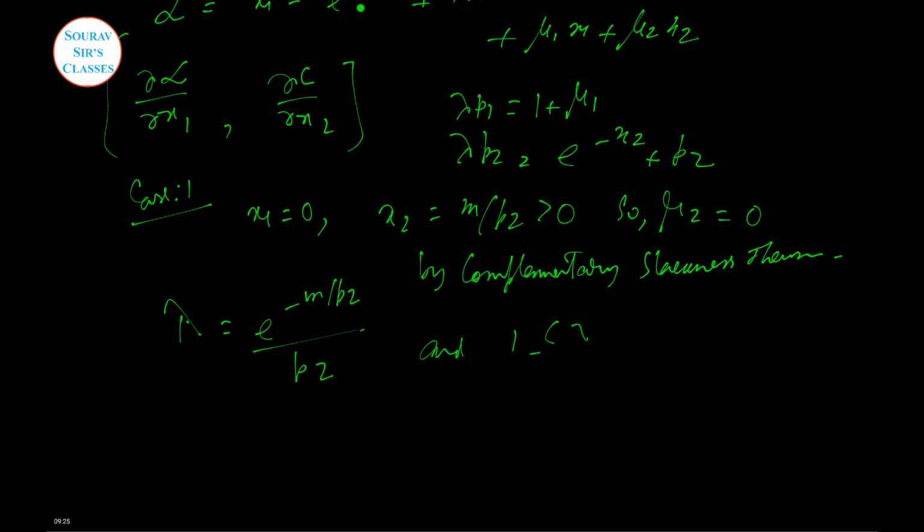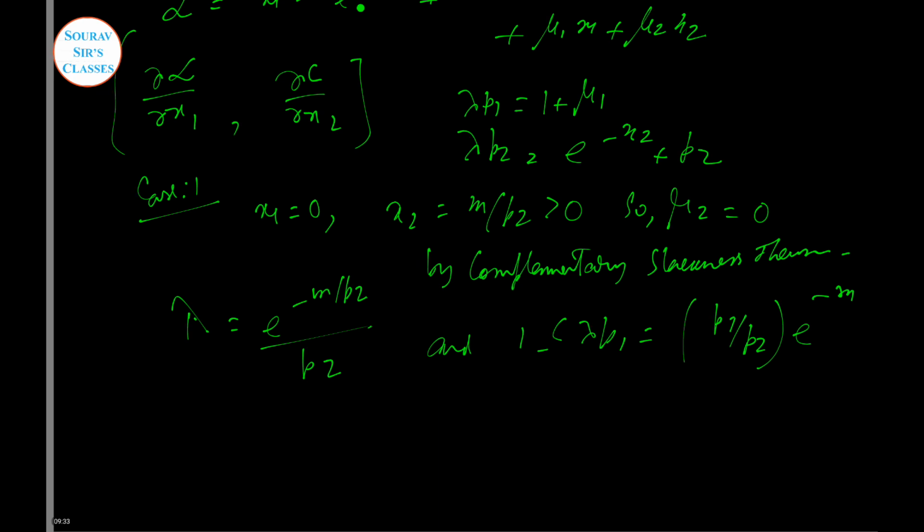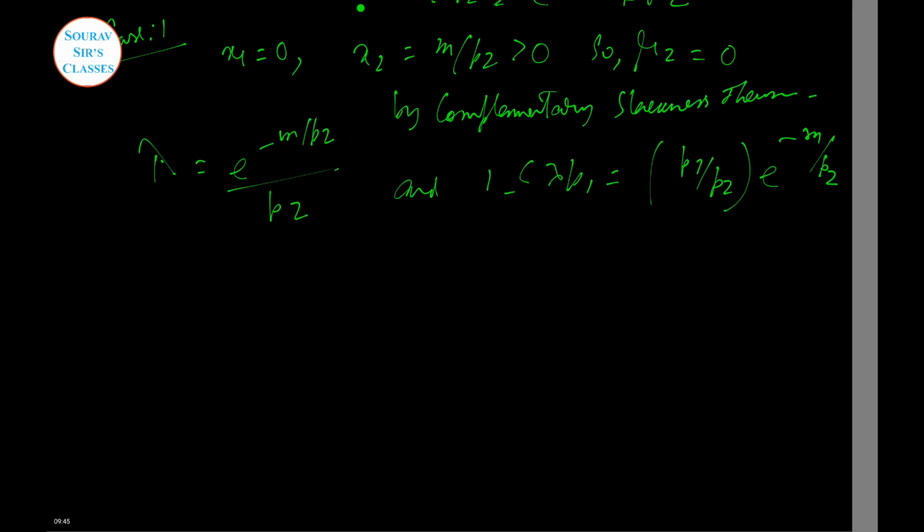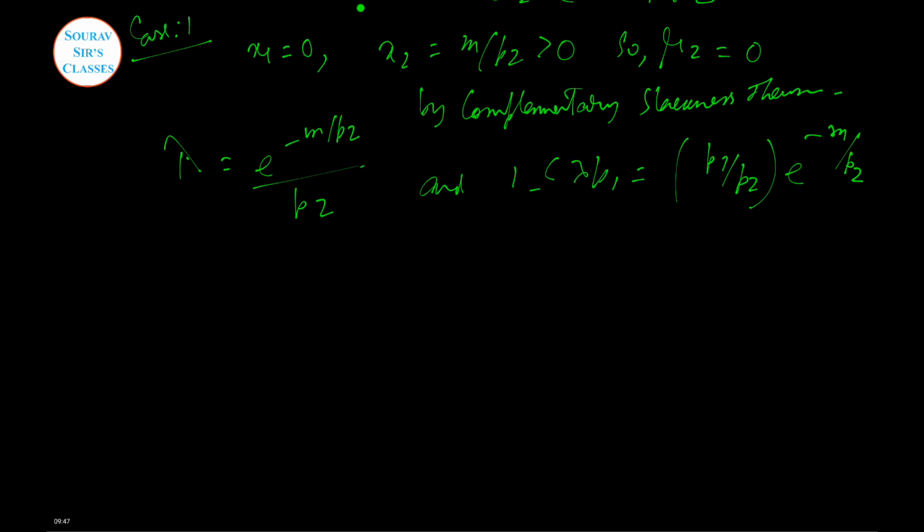So if you just put it here, the Marshallian demand is 0, m by p2.